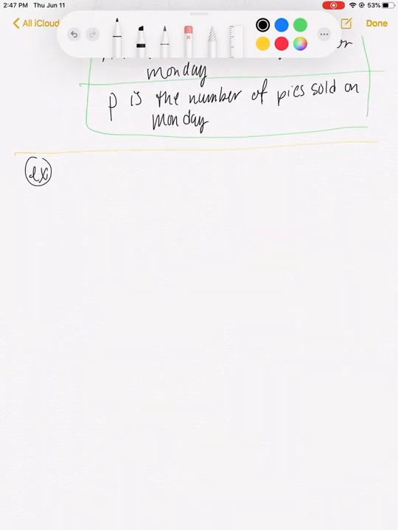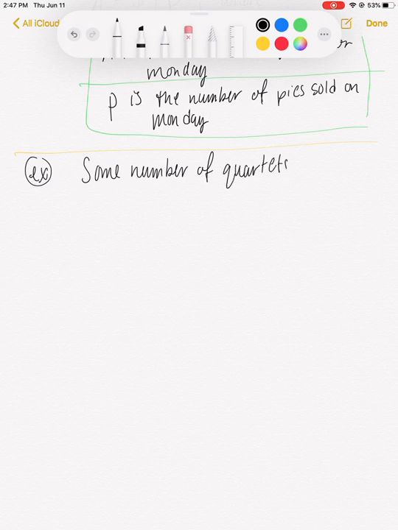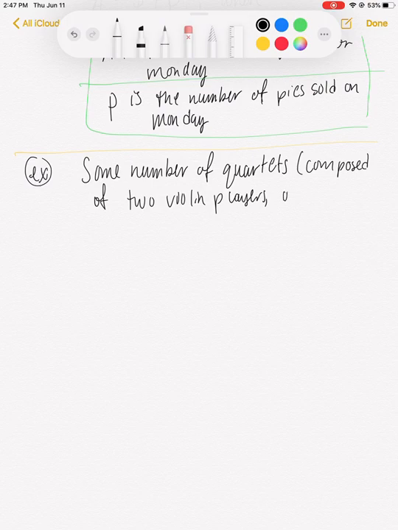Okay, so some number of quartets. Okay, so what they mean by quartets, those are composed of 2 violin players, 1 viola player, and 1 cello player.